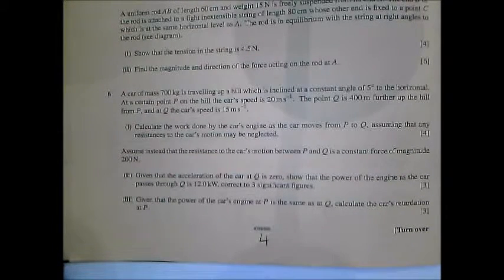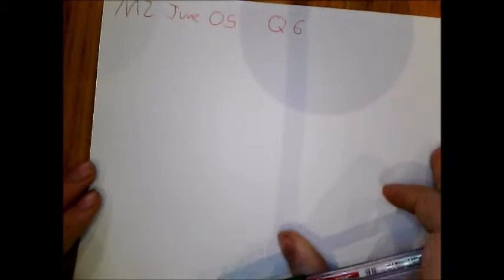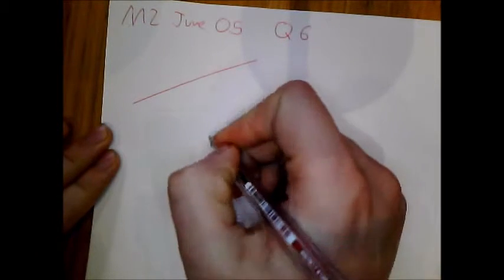We want to find out the work done by the car's engine, ignoring any resistances to the car's motion. Okay, so we're going to first do a diagram of what's going on. So here's my angle.